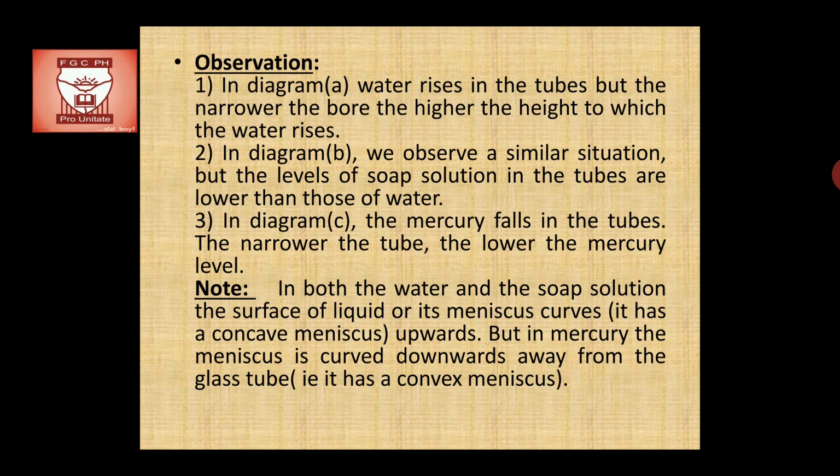In diagram B, we observe a similar situation, but the levels of soap solution in the tubes are lower than those of water. 3. In diagram C, the mercury falls in the tubes. The narrower the tube, the lower the mercury level. So all these are the observations from the diagram.